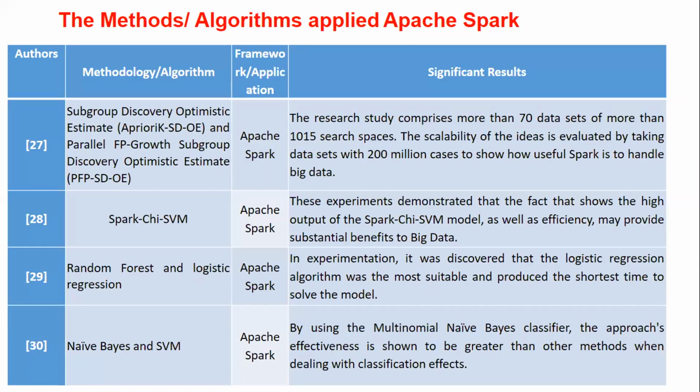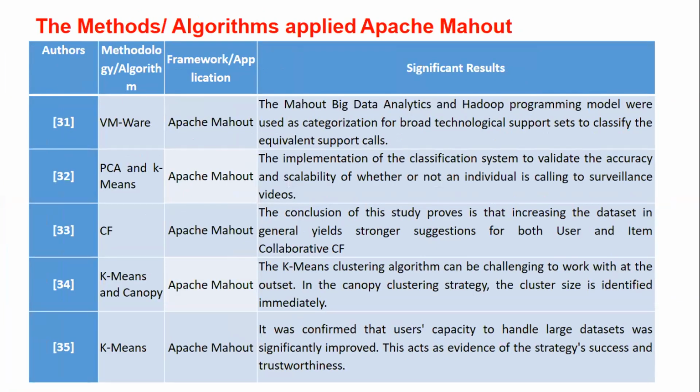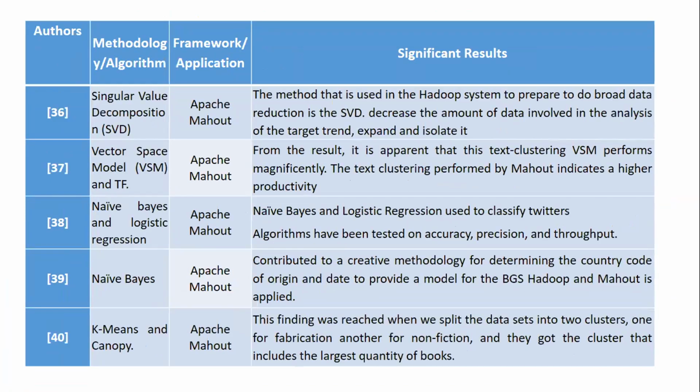All these algorithms are implemented in Spark, as well as other algorithms; for example, K-means and K-means canopies are implemented in Mahout, but these are also implemented in the Java programming language.